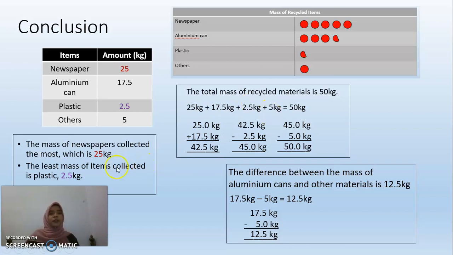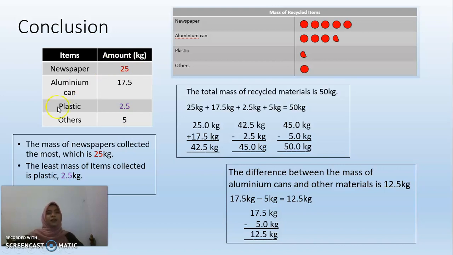Okay, the next one, you can see here, the mass of newspapers collected is the most, which is 25 kilogram. As we have already found out the amount for all the items, we can make and count the differences. And we can see that newspaper has the most amount, which is 25 kilogram.